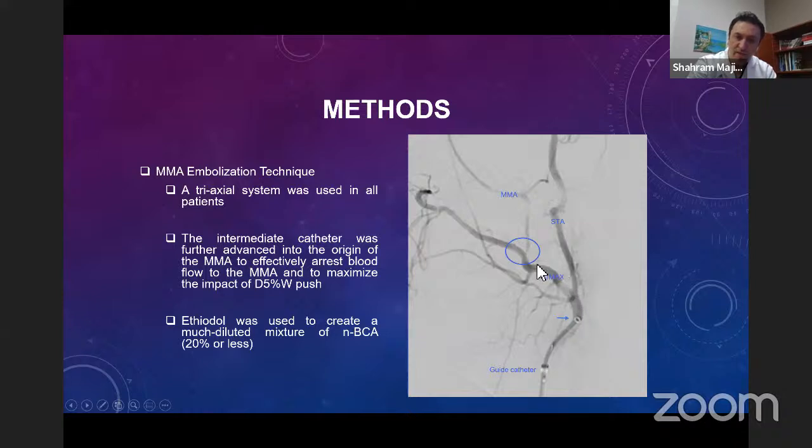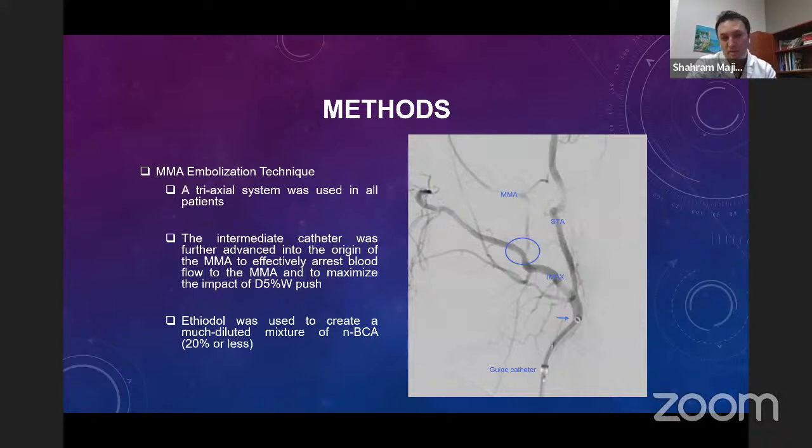After we advance the microcatheter up to either the frontal or posterior branch of the middle meningeal artery, the intermediate catheter will further advance into the origin of the middle meningeal artery to effectively arrest the blood flow to the artery and then maximize the impact of D5.